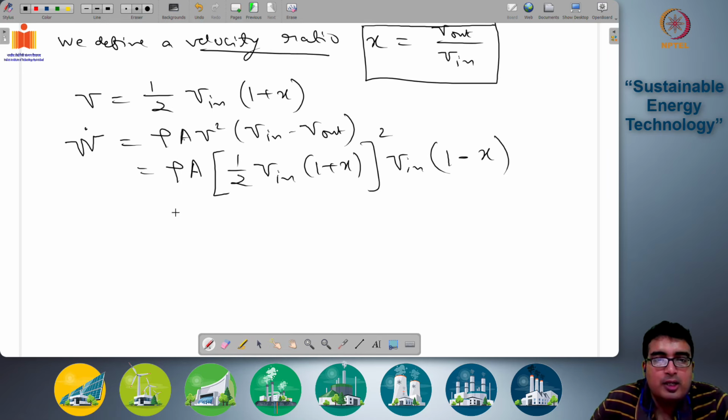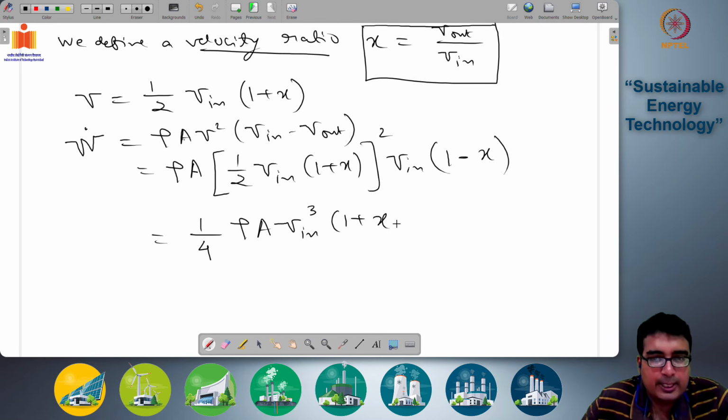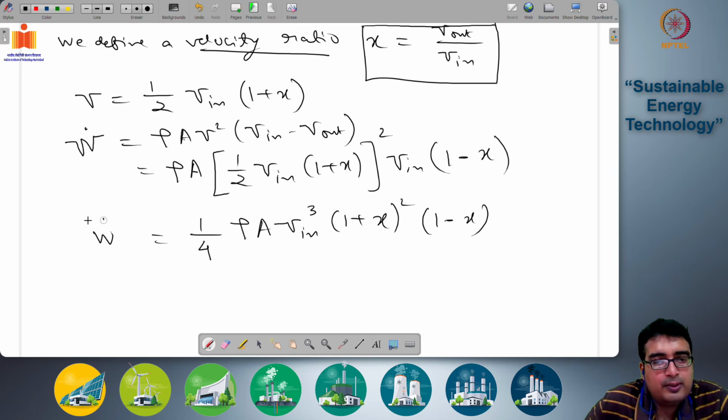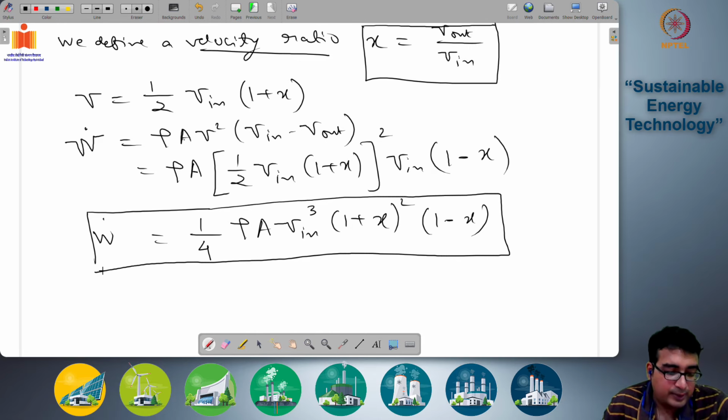Okay. So this becomes then equal to 1/4 rho A V in cube, 1 plus X whole square into 1 minus X. Okay. So this becomes your W dot. Alright.